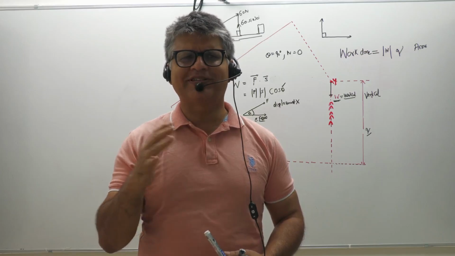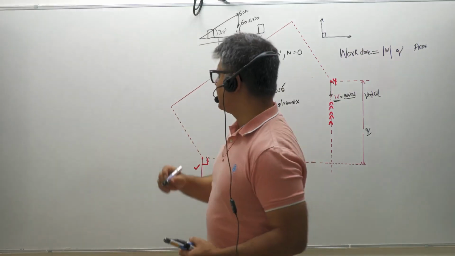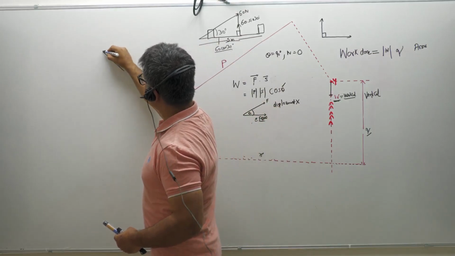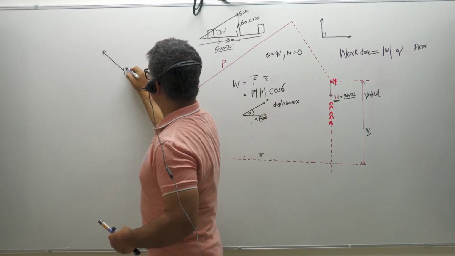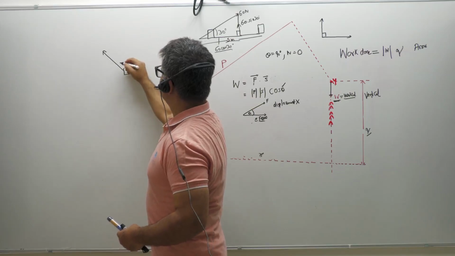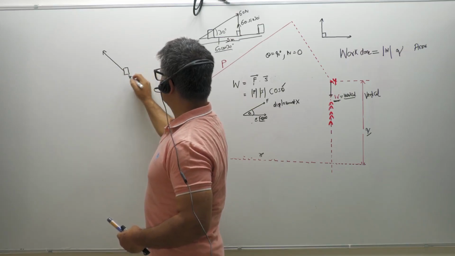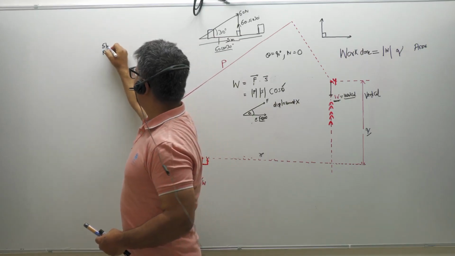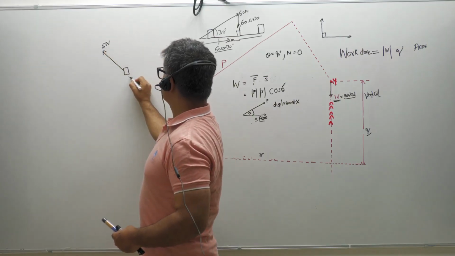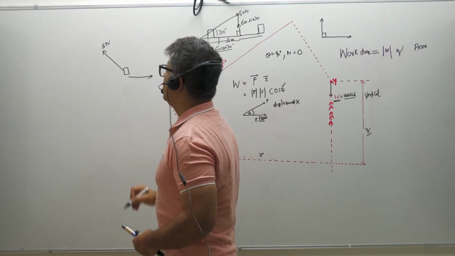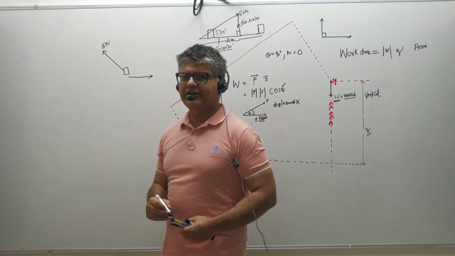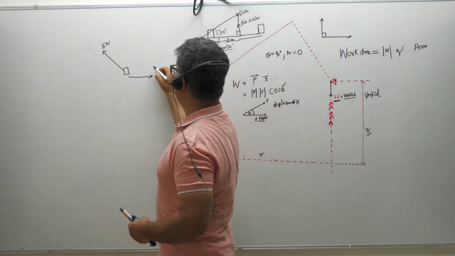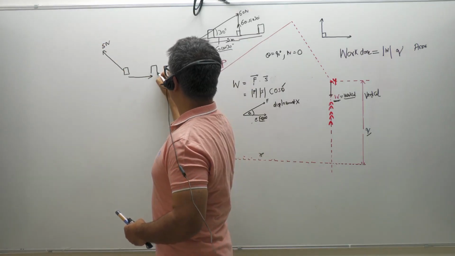You can have force in many directions. As an example, if I tell you this is the force on a block, and when you applied this force of 5 Newton on the block, the block was going in this direction with certain acceleration, and you continuously applied the force, and finally the body came to a standstill.